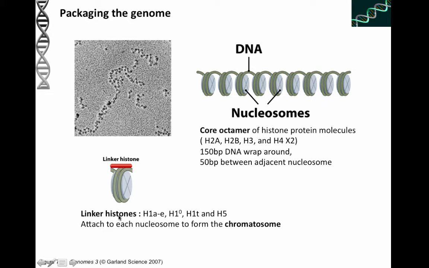The linker histones H1A, H1E, H10, H1T, and H15 basically form a bridge between the nucleosomes to stabilize the nucleosome structure. The entire complex, including the histone octamer associated with the DNA and the linker histone, we call the chromatosome.